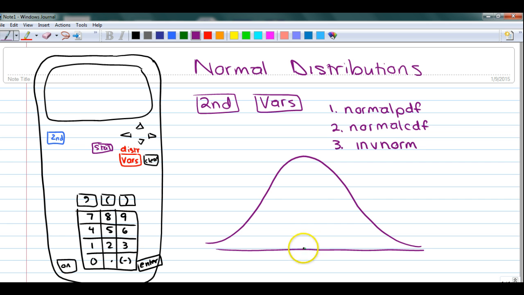And standard normal has a mean of 0 and standard deviation of 1.